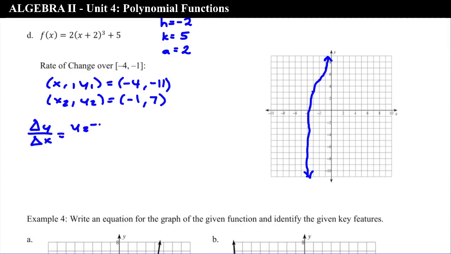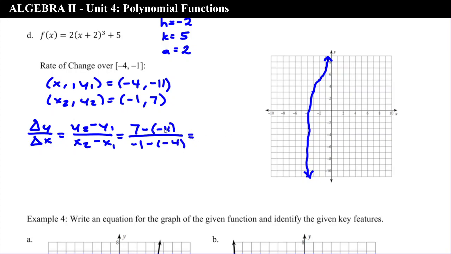So you have y2 minus y1 over x2 minus x1. Well, our y2 is 7. Our y1 is -11. Our x2 is -1. And our x1 is -4.